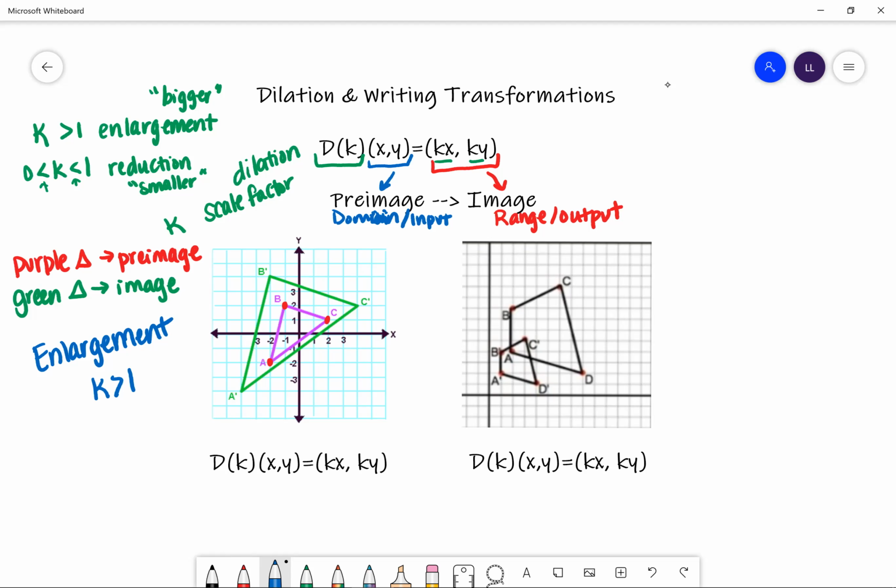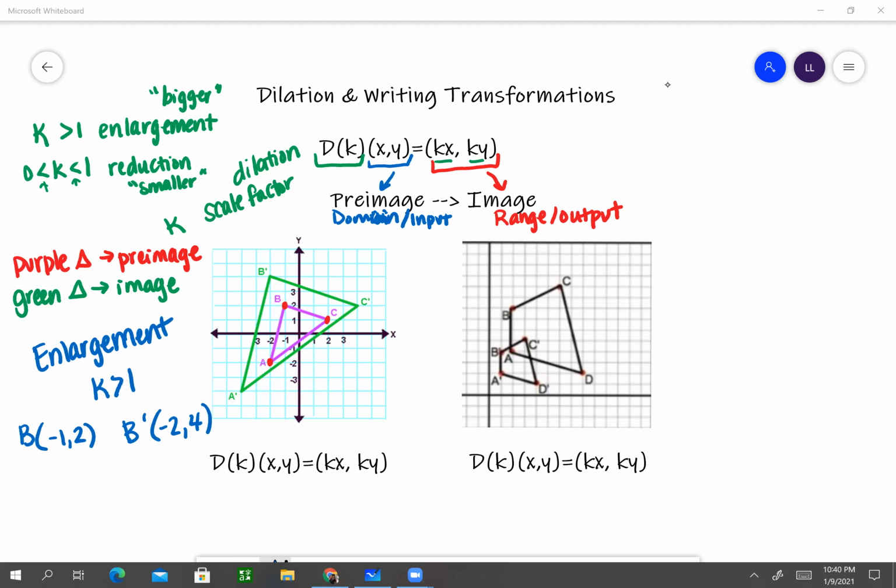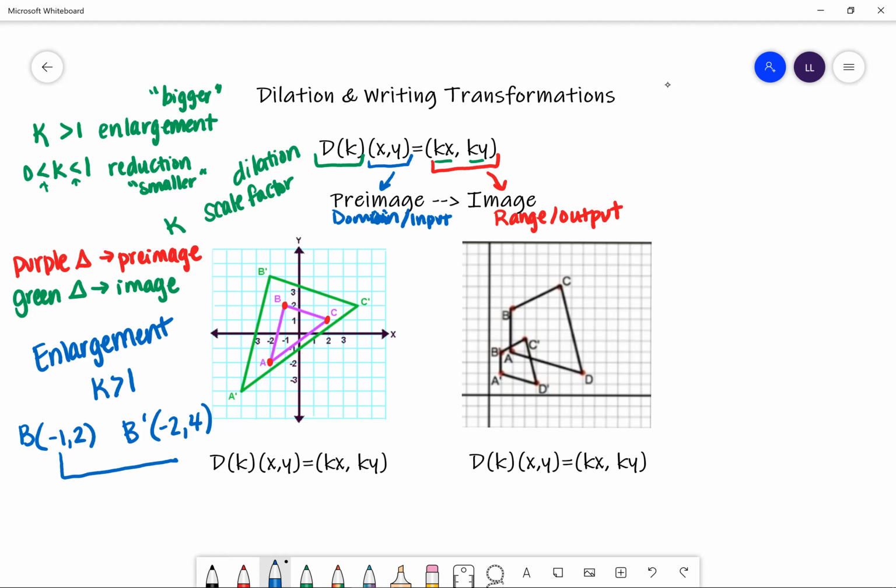All right, so let's look at B. B is located at (-1, 2), and B prime is located at (-2, 4). Remember I told you about the scale factor? We're going to literally multiply every x coordinate by whatever k is. So what does -1 have to be multiplied by to get to -2?